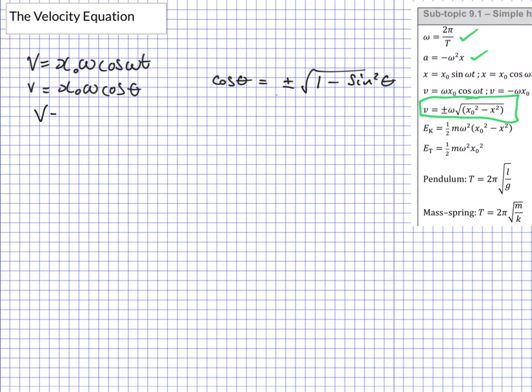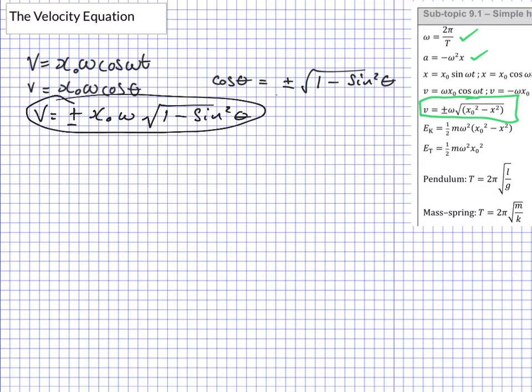Let's say now that the velocity is equal to plus or minus, coming from our equation, x naught omega, and then the square root of 1 minus sine squared theta. Let's just leave that for now. We'll put a circle around it, because we're going to need this statement in a minute.